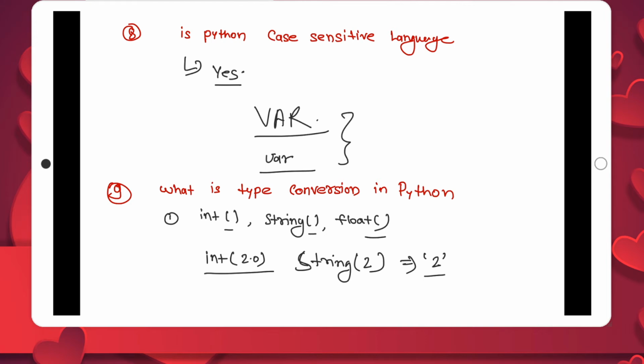So apart from integer, string, and float, you have hex, binary, tuple, set, dictionary, and octal numbers. All those are data types in Python. All right. Perfect.